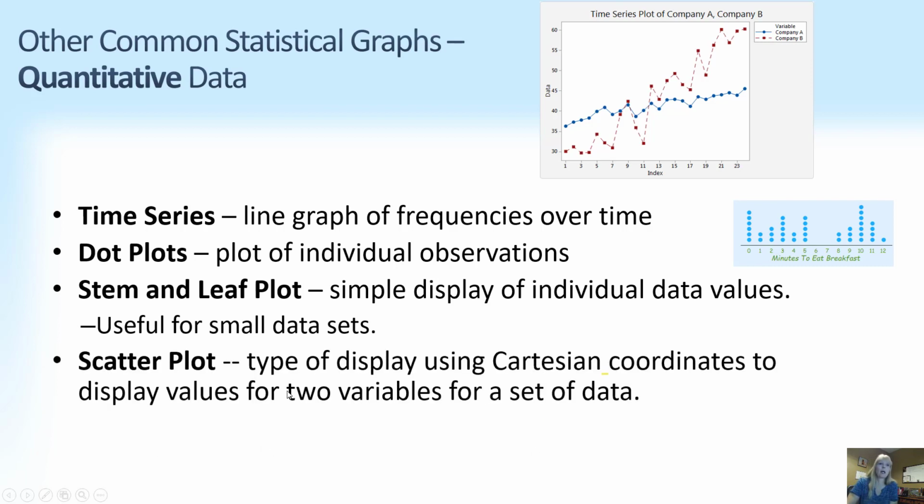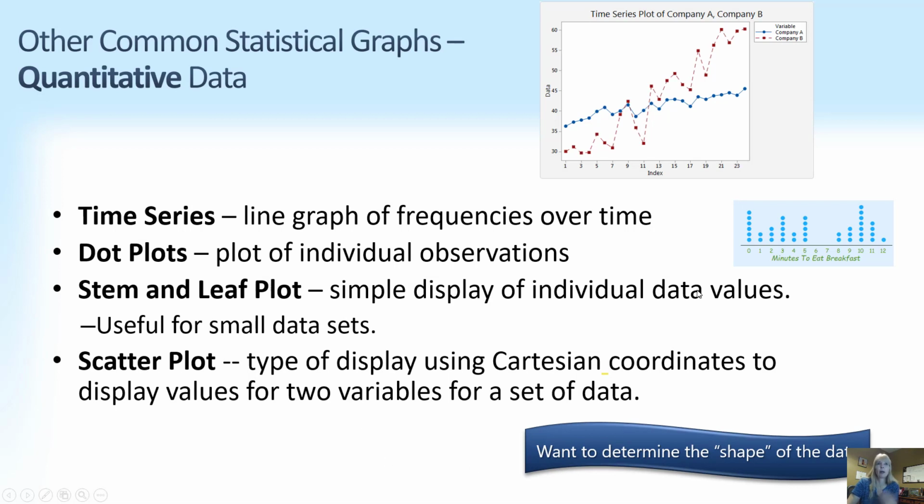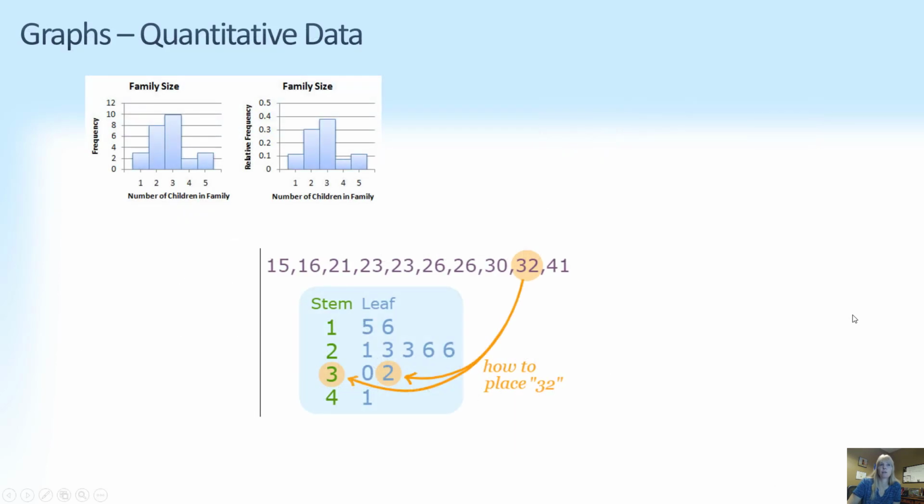And then scatter plot, this is very important because this really helps me see a relationship between two variables. And what I'm looking for is to try to figure out of a quantitative data set, the shape, because even here I can kind of see the shape of my distribution. So anytime I have quantitative data, I really like to use histograms.